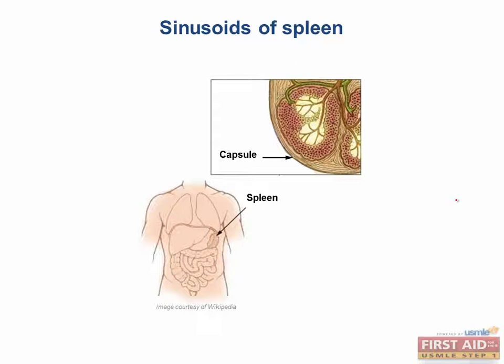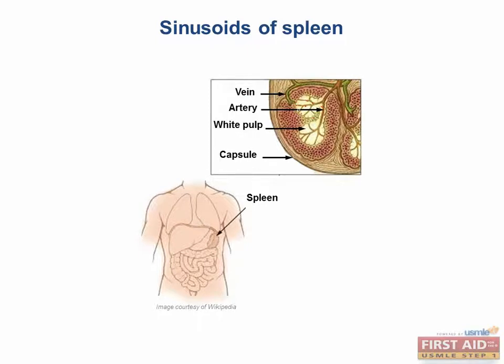And second of all, so I said the spleen is responsible for filtering blood. So blood flows in via arteries, right? And it leaves via veins. That makes sense. So when blood trickles in, the first thing it encounters is this white area here. What's this white area called? White pulp. Makes sense.